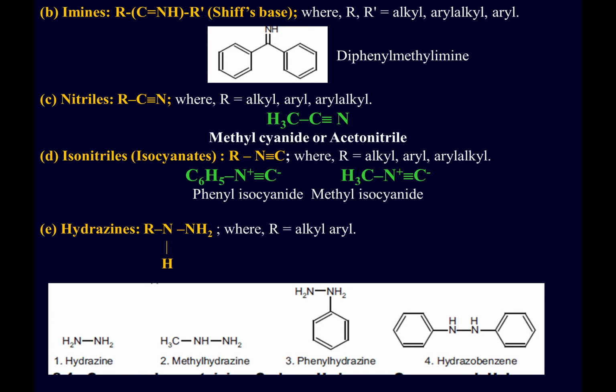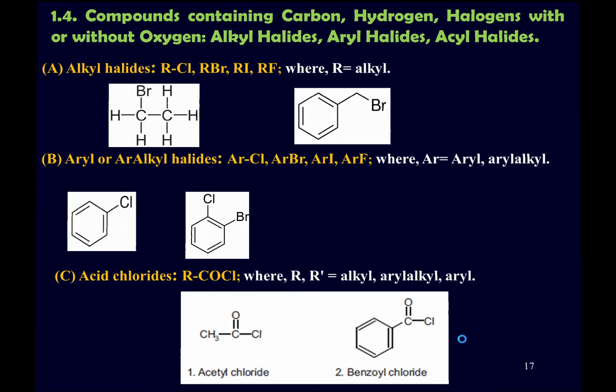If the position of nitrogen and carbon is reversed and the carbon is made terminal and nitrogen is attached to the alkyl or aryl substituent, these are called isonitriles or isocyanides. The hydrazines are NH-NH2. These are derivatives of simple hydrazine. They can be alkyl hydrazines, aryl hydrazines, or di-substituted hydrazines.